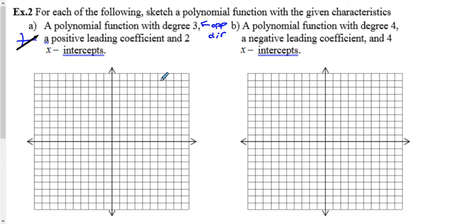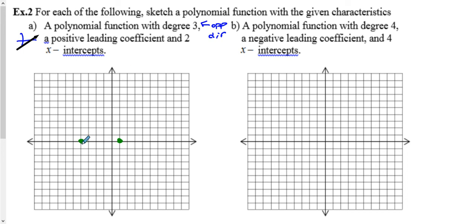So if I'm a degree 3 with 2 x-intercepts, I'm just going to draw on my grid here 2 x-intercepts. It doesn't tell us what they are. We're just basically sketching as best as we can here. I'm going to put one there, and let's say one at, I don't know, 1, 2, 3, 4, just to make it interesting. I can do anything in terms of my graph as long as I start off in quadrant 3 somehow and end up in quadrant 1.